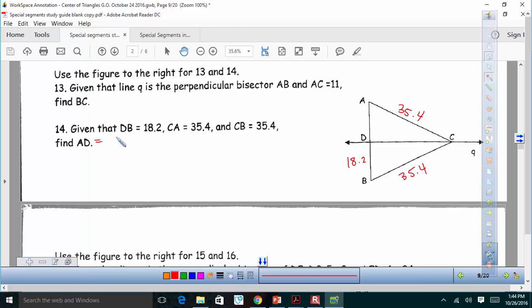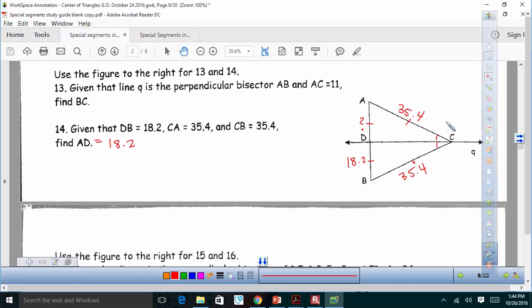Find AD. So they want us to find this. So again, if these are equal, it implies these angles are equal, which implies these bottom pieces are equal. So what would AD be? 18.2. Very good.